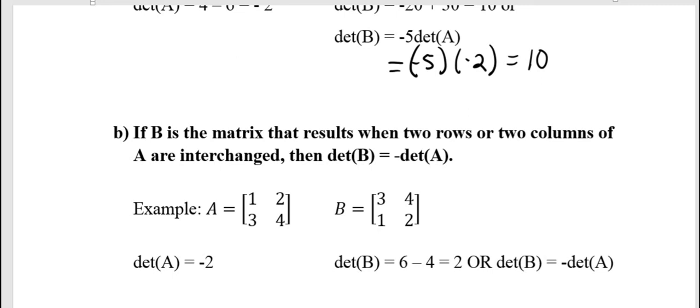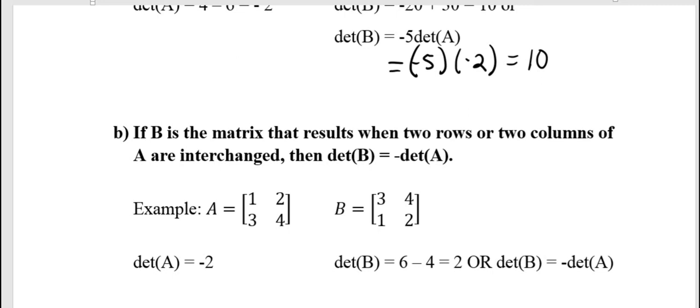If B is the matrix that results when two rows or two columns of A are interchanged. So here, if you're reducing, and here's what they're talking about for theorem part B, they're really just saying you're reducing a matrix in row reduction form, looking for the determinant.